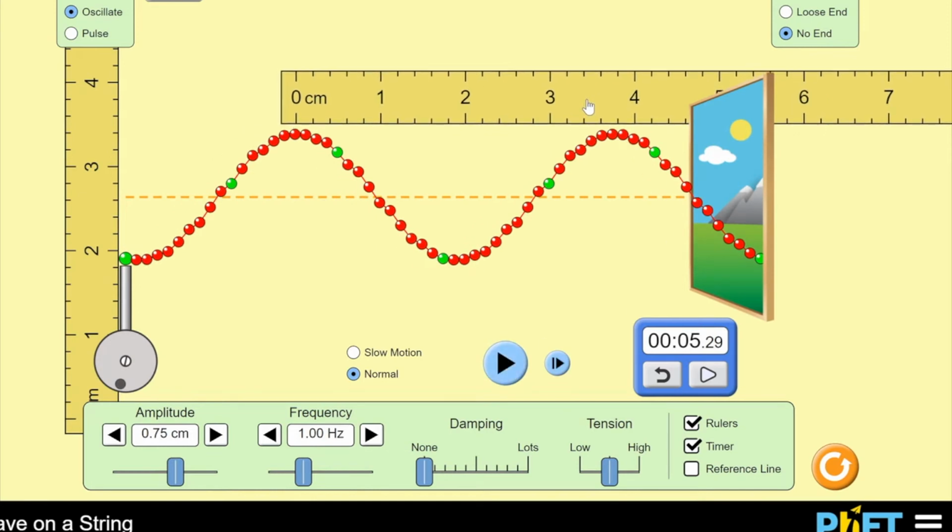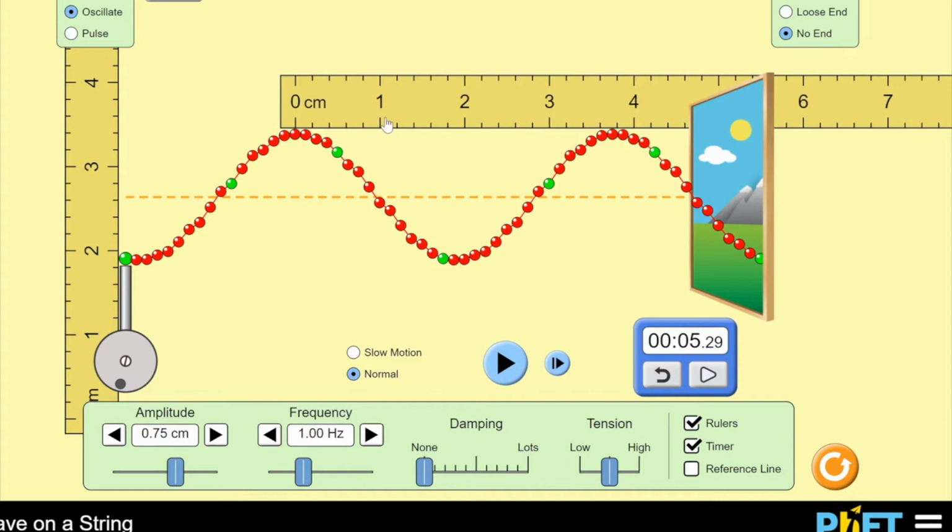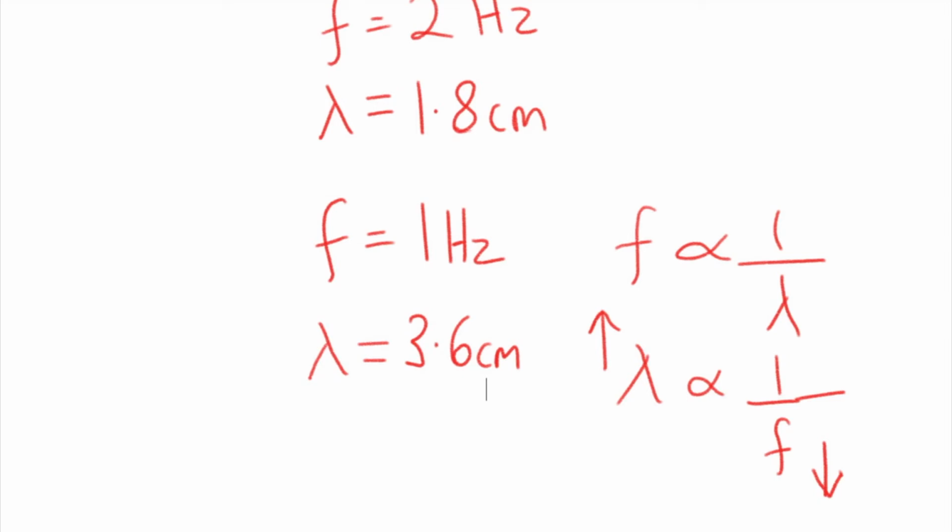And get the ruler. Just happen to be in the right place. So 1, 2, 3, 3.2, 3.4, 3.6. 3.6 centimeters. So that just goes to show that the relationship between frequency and wavelength is inversely proportional. You double one, the other halves.